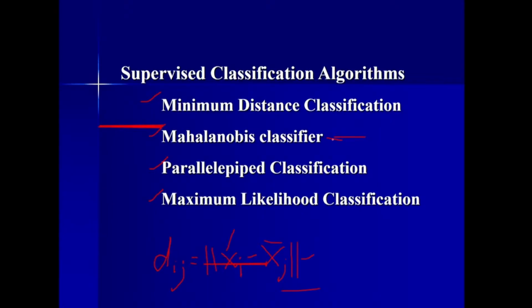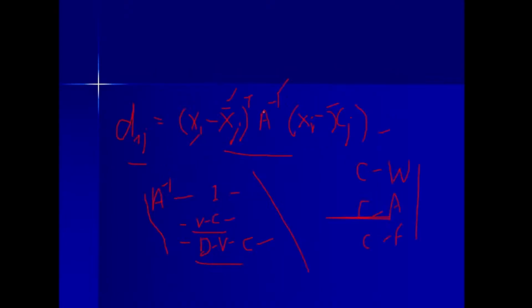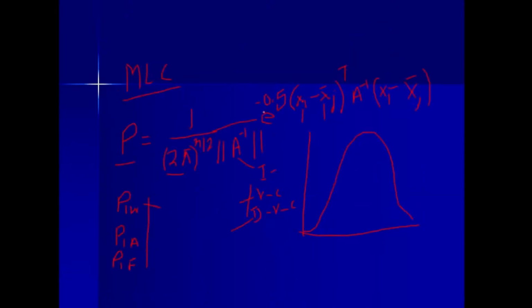If you use the unit or identity matrix, the Mahalanobis classifier works as a minimum distance Euclidean distance classifier. Only a very special case has been applied in the commercial tool. But if you are writing your own small program, you can test with all 3 norms of the weight matrix.